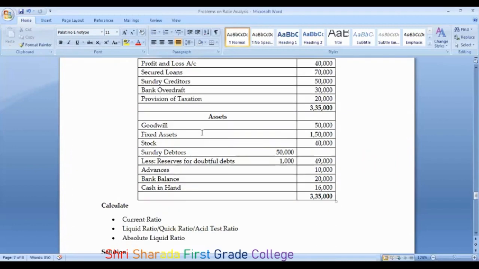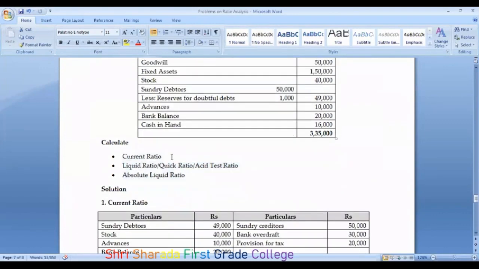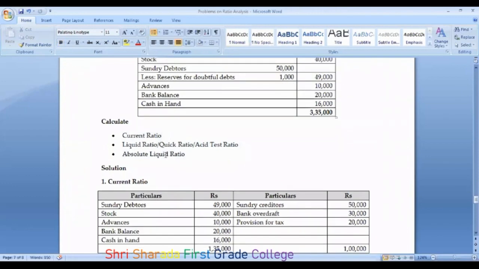Assets information, goodwill, fixed assets. We don't need all this information unless we see what should be calculated here. Okay, the stock, sundry debtors, less provision for bad and doubtful debts, advances, bank balance and cash in hand given. So what is the current ratio formula? Taking all the current assets and taking all the current liability into consideration.